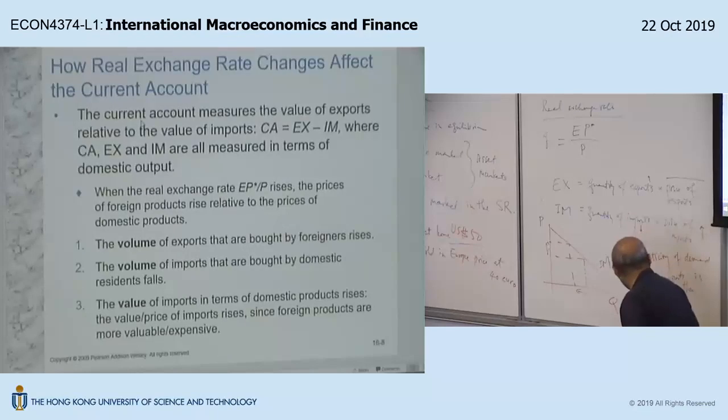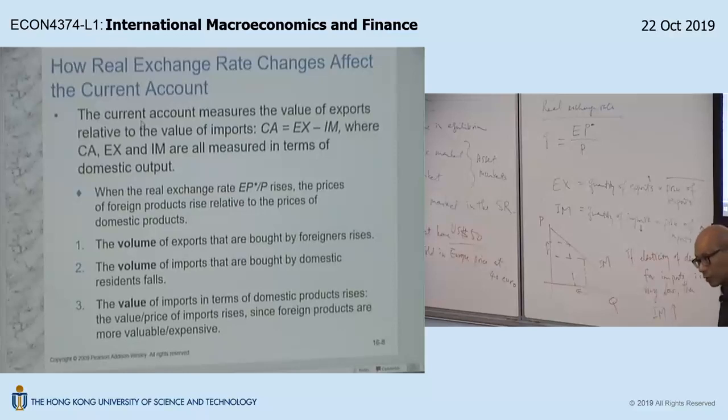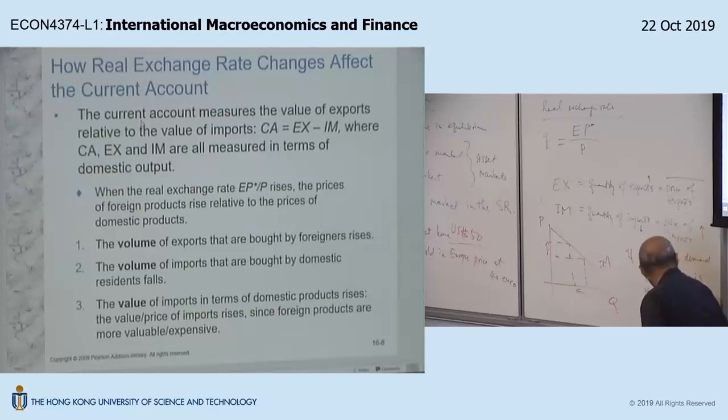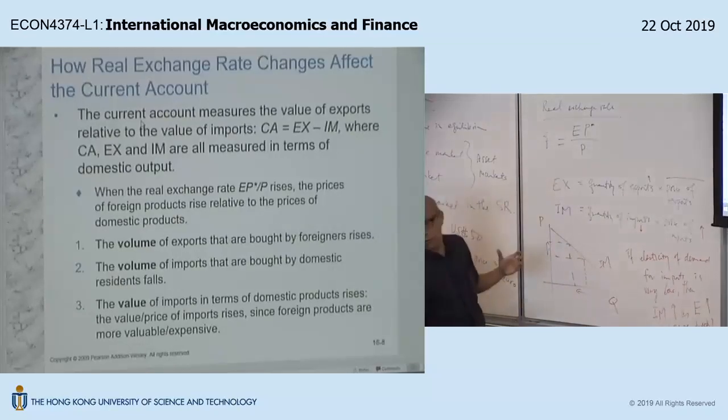Then IM rises as a result of the US dollar depreciation, as E increases. Of course, P and P star are unchanged; just assume that. So what does that mean? That means that export increases, but import also increases.